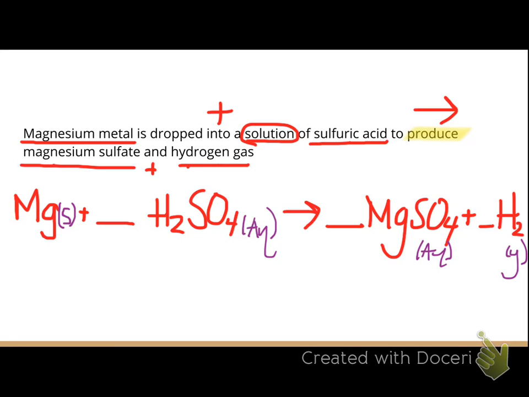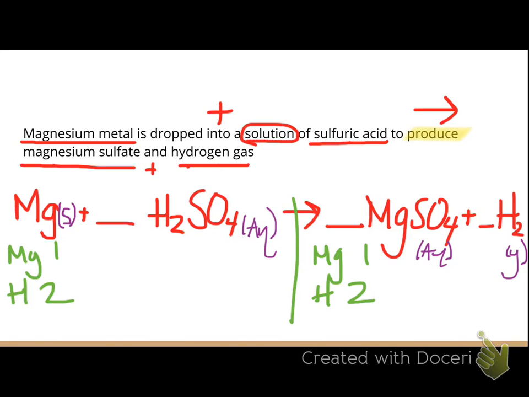So there's our equation, but we can't stop there because we have to make sure that it is balanced as well, okay? So let's go through and count how many of everything we have. Magnesiums, I have 1. Magnesiums, I have 1. Hydrogens, I have 2. Hydrogen, I have 2.